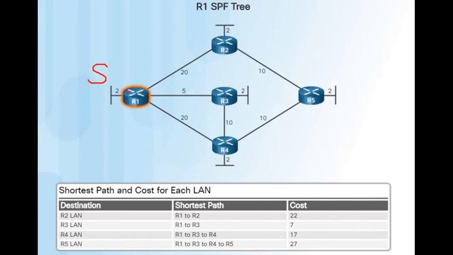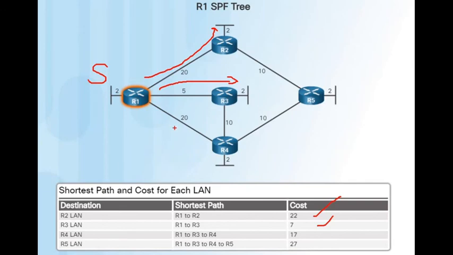We're just adding numbers here to find out the total cost and to determine the shortest path. For example, R1 going to R2 LAN: 20 plus 2, that gives you 22. R1 going to R3 LAN, 5 plus 2, that gives you 7.